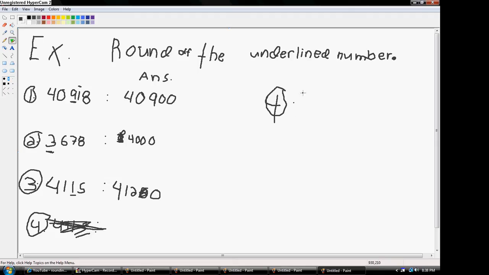Number 4, 4115. Since the 4 is in the thousands place, the right side of this is the hundreds place, which is 1. Since it is 5 below, we're going to round this down. So the answer is 4100.